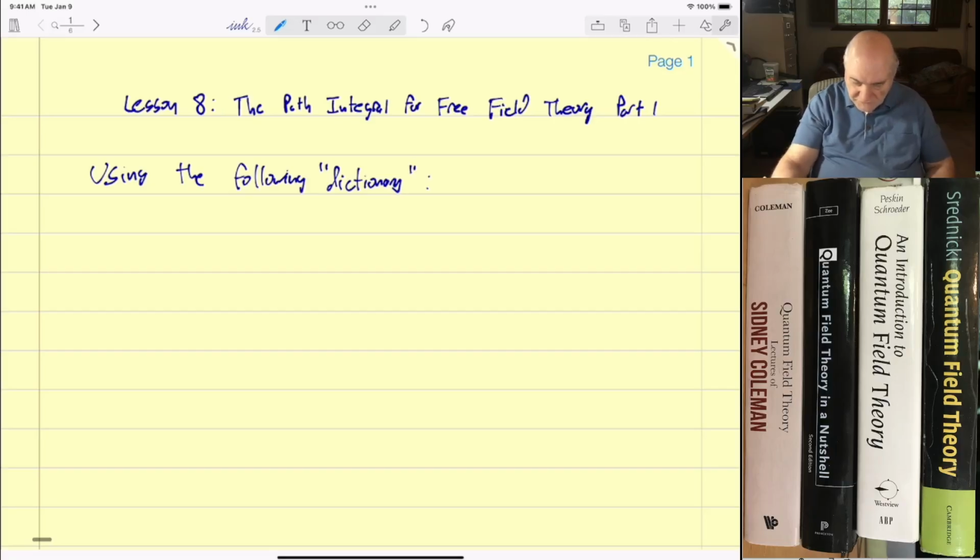Now, dictionaries in physics usually means that we translate from one situation to another, let's say from quantum mechanics to quantum field theory. Sometimes when you have the AdS/CFT conjecture, you go from quantum field theory in the bulk to string theory on the boundary, or vice versa.